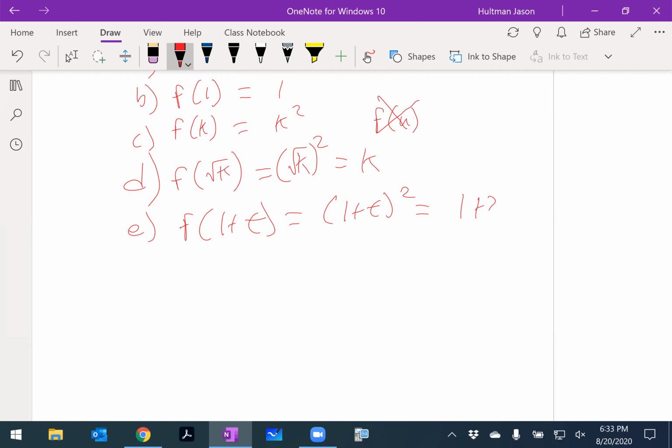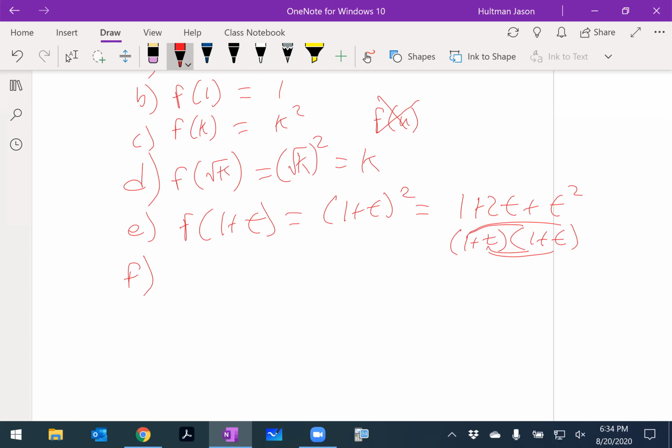That's going to be 1 plus 2t plus t squared after we FOIL that bad boy out. Oscar, is that right? Does that make sense? We get the 1, and then we get a t plus t, which is 2t, and then we get a t squared.